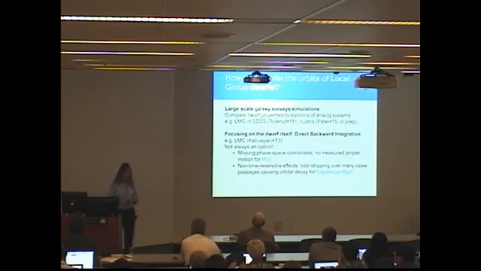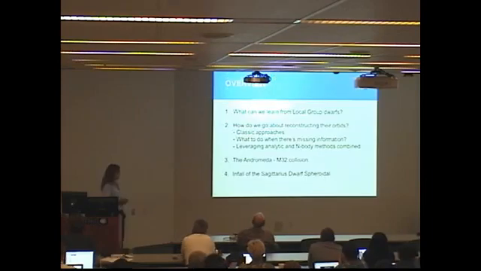One approach is to compare their properties with analogs in large-scale simulations or surveys like SDSS or Illustris. I've provided a couple of references there, and we've definitely heard a lot more examples of this already in this conference. I'll talk about various approaches to reconstructing these orbits, and then move on to presenting some of the results when we apply this to the case of M32 and the Sagittarius dwarf.